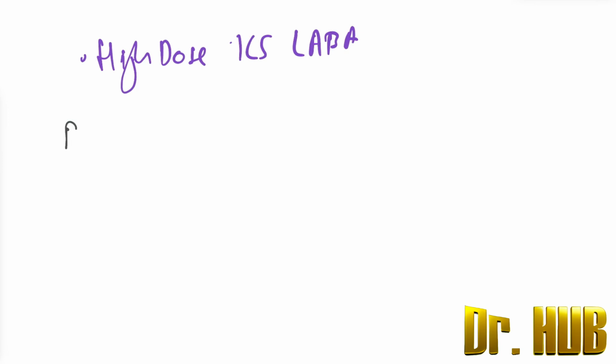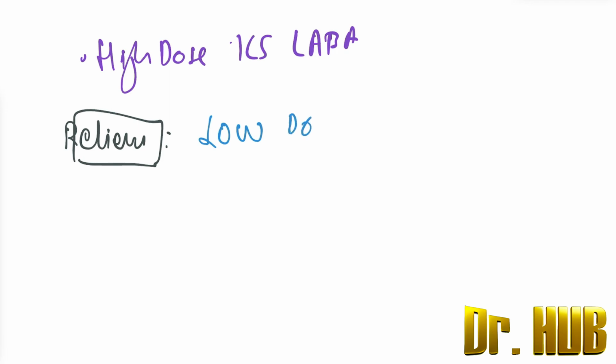So you consider the high dose ICS LABA. That is by controllers. Now a reliever, as needed, is by low dose ICS formoterol.